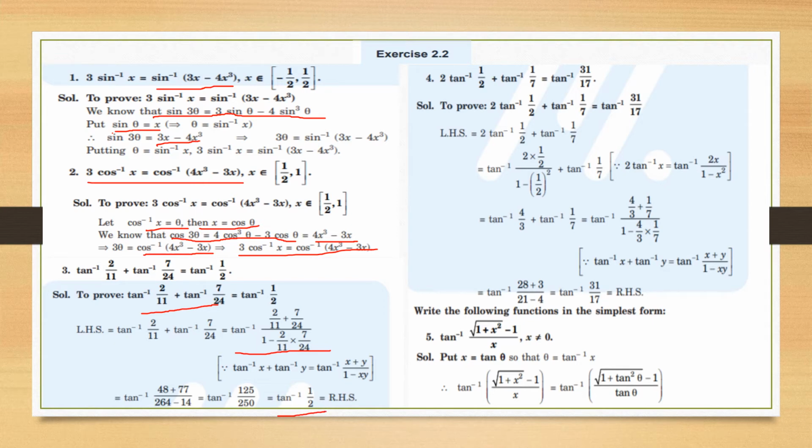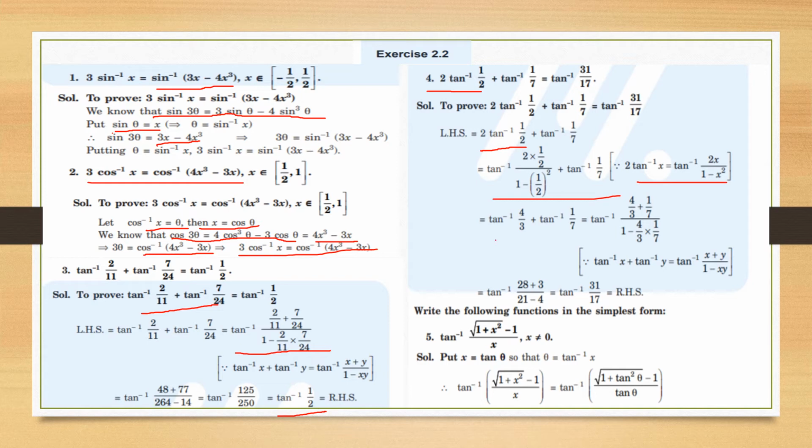Number 4 is 2 tan inverse half plus tan inverse 1 by 7 equal to tan inverse 31 by 17, right? Now see, from here it is 2 tan inverse x, right? So I cannot apply the formula of tan inverse A plus tan inverse B. So first thing is that I will change this 2 tan inverse half using this formula tan inverse 2x upon 1 minus x square, so that it changes to tan inverse A plus tan inverse B. From here I'll change it to tan inverse 2 into half upon 1 minus half square.